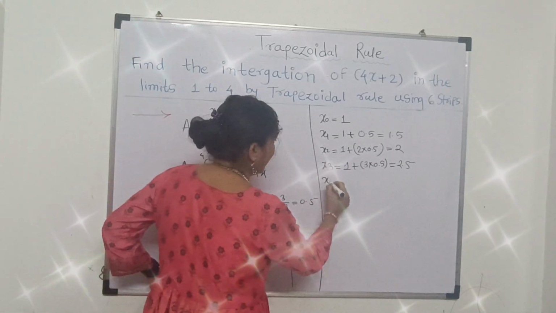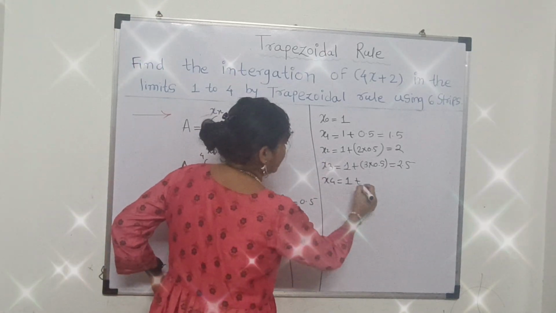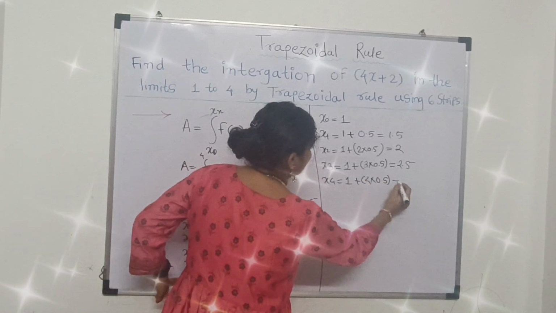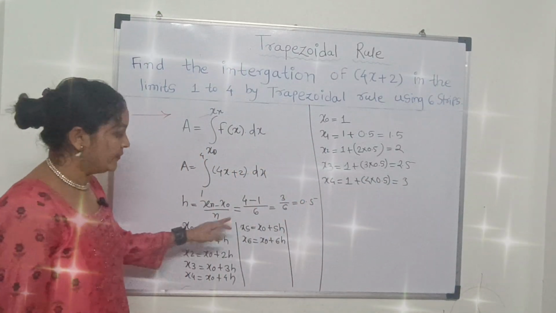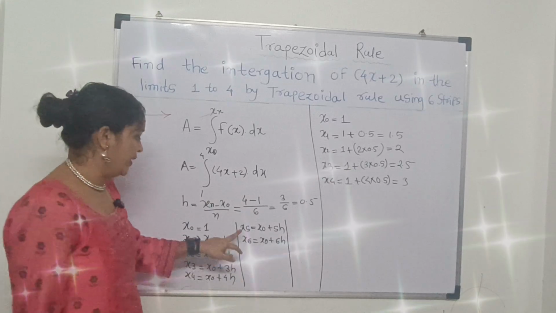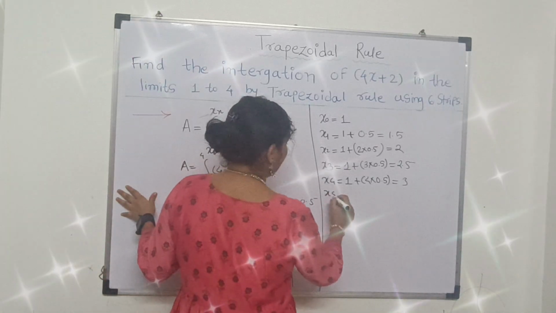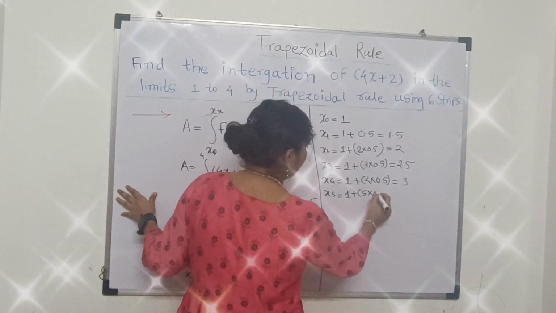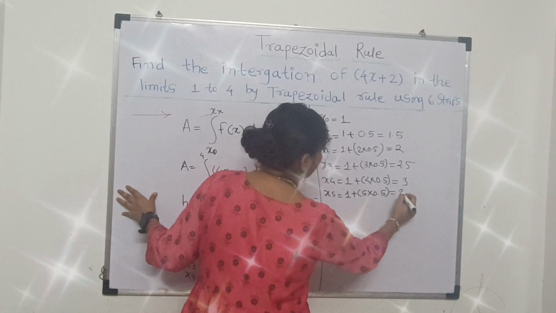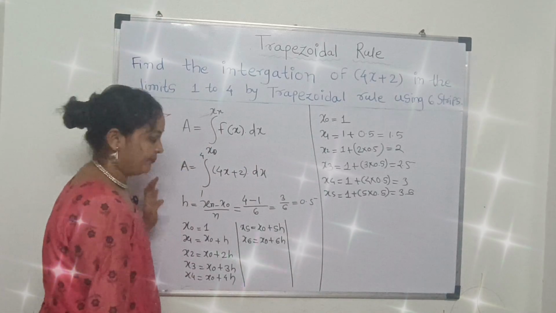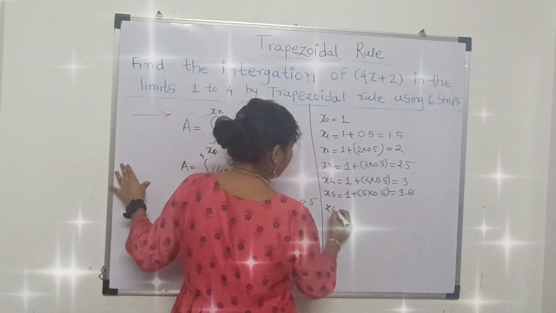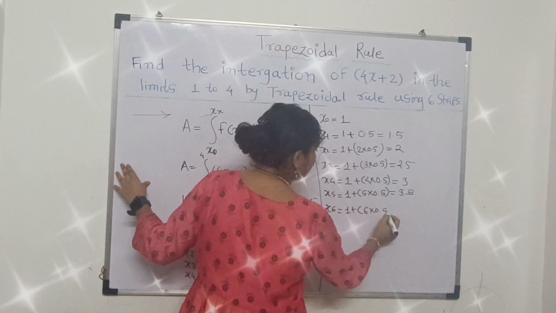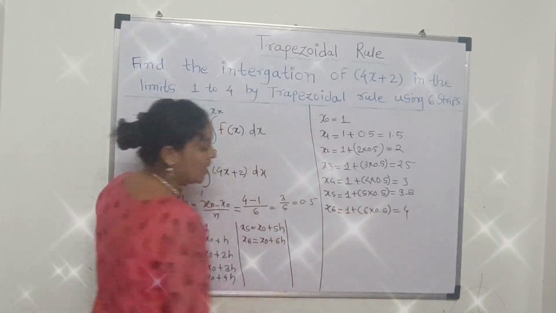Again x4 is 1 plus 4 multiplied by 0.5, so it becomes 3. x5 is again x0, that is 1, plus 5 multiplied by 0.5, so it becomes 3.5. x6 is nothing but 1 plus 6 multiplied by 0.5, so it becomes 4.